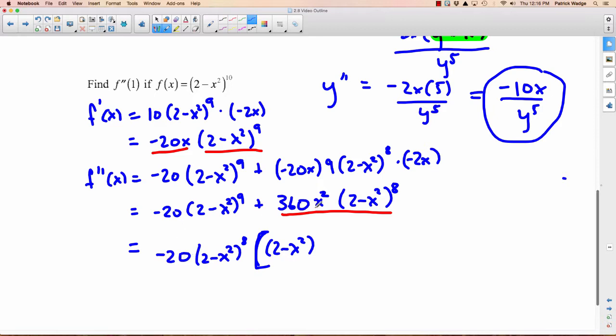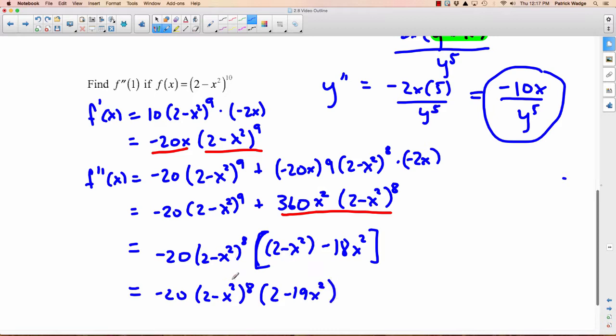Negative 20 times what equals 360? Negative 18. Then you'd have an x squared, and you wouldn't have any 2 minus x squareds because you got them all here. So that'd be it. And then you would have negative 20, 2 minus x squared to the 8th, and in here you would have 2 minus x squared, take away another 18x squared, is 2 minus 19x squared.